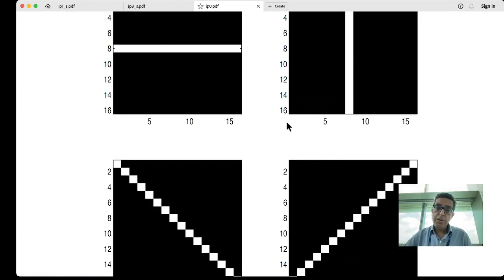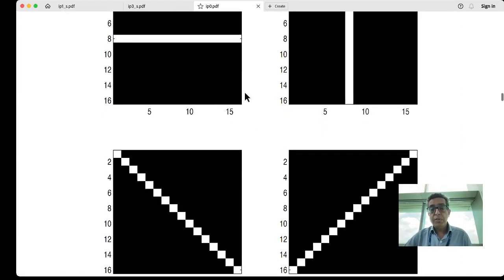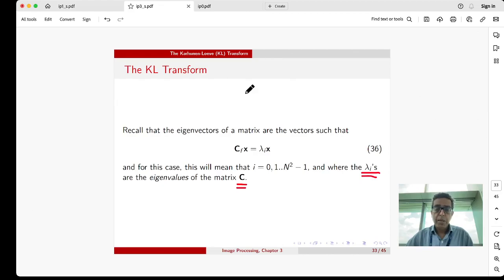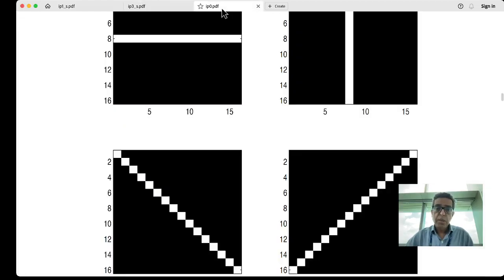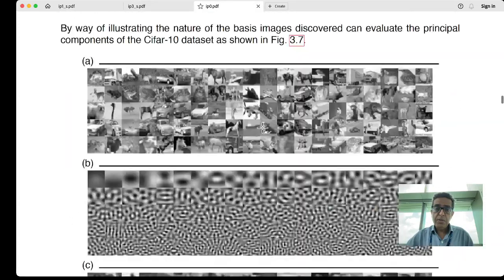Again, these are examples where the size of each image is 16 by 16, so this is exactly the case in which we would have a 256 by 256 covariance matrix, and finding the eigenvalues and eigenvectors of that takes a bit of computational effort.